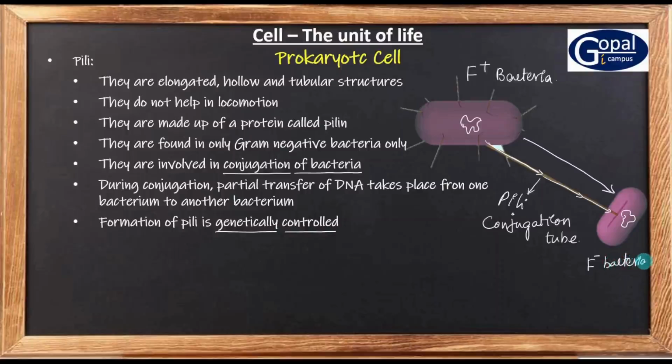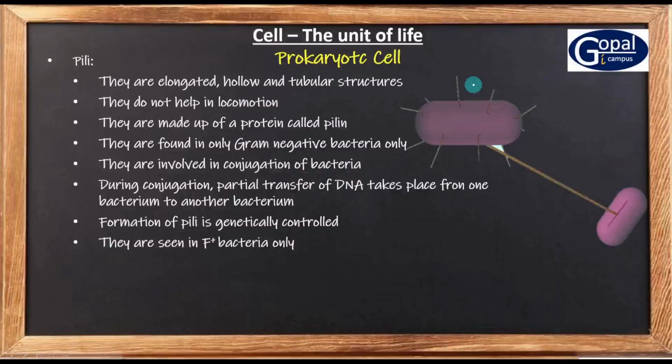During conjugation, the genetic material is always transferred from an F plus bacterium to an F minus bacterium. That is why the genes for the formation of pili are present only in F plus bacteria. So pili are seen only in F plus bacteria. This is about the pili.